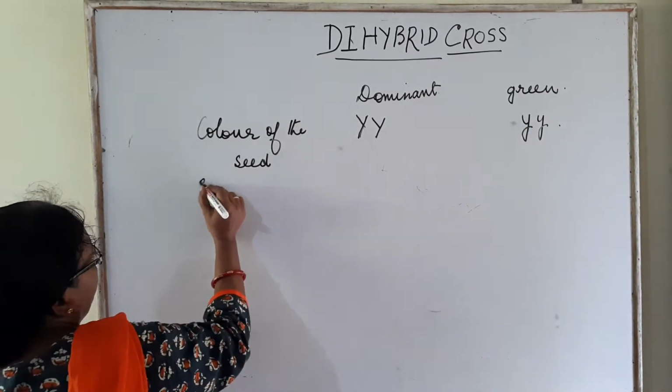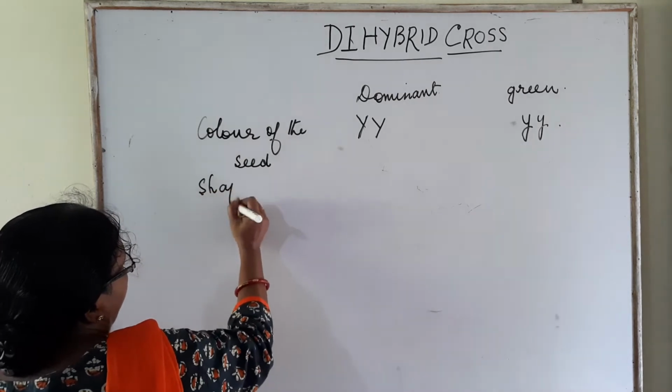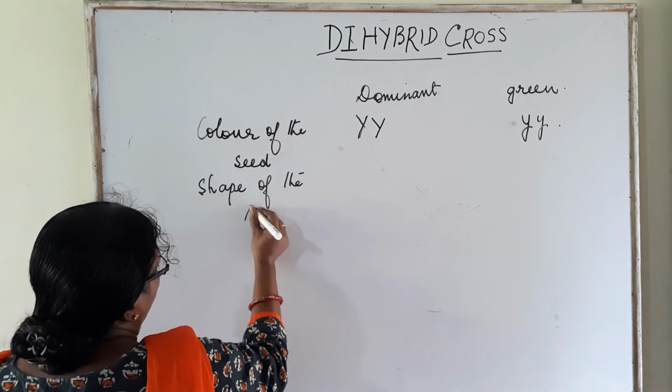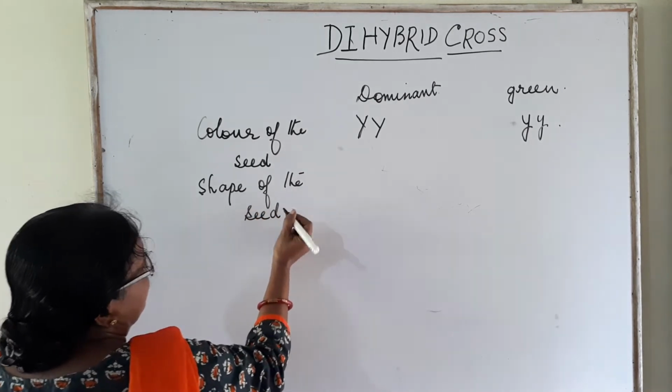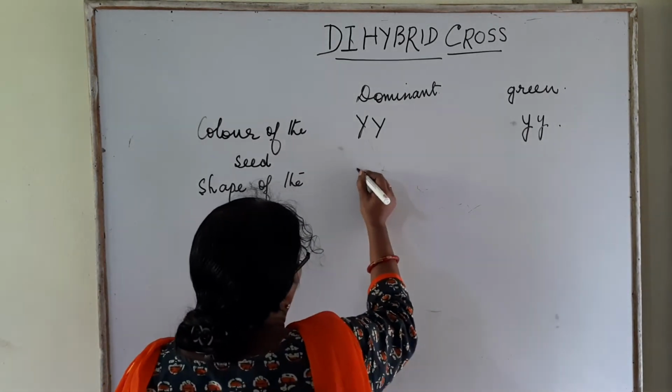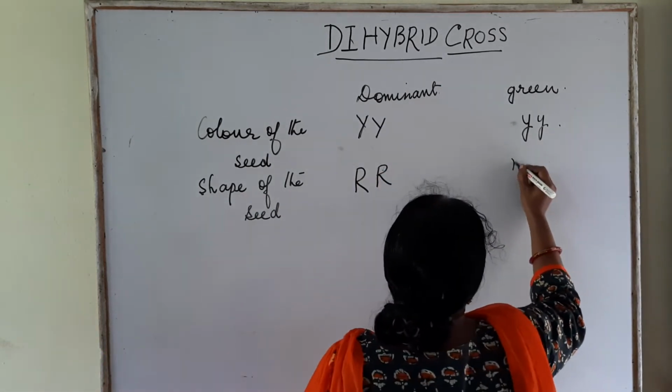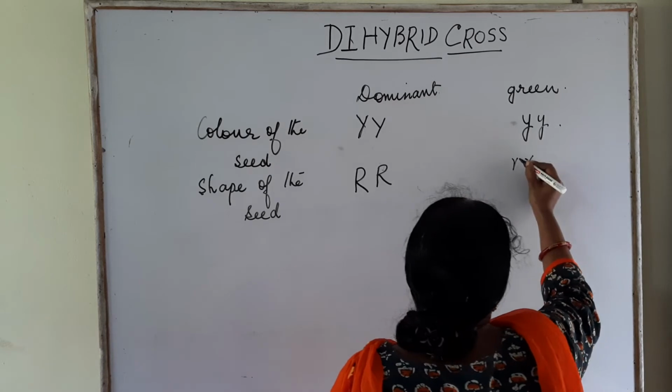Then the shape of the seed. We can take round as dominant and wrinkled as recessive.